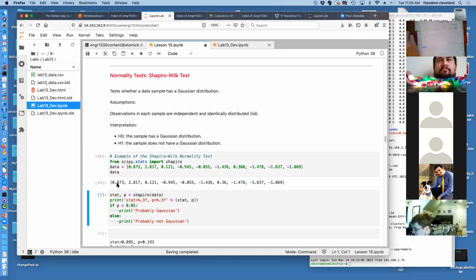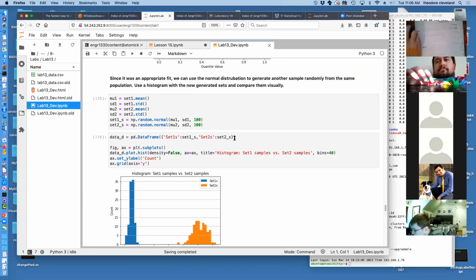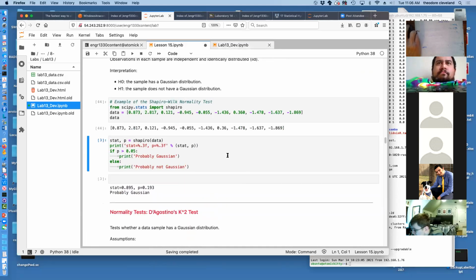There's our data: 0.8, 2.8, 0.12, -0.9, -0.05, -1.4, 0.36, -1.4, -1.6. So we've got a lot of negative numbers and some small positive numbers. And if I recall how to do a histogram, oh, I don't have that easy. I don't have this in a pandas data frame. I was going to try to draw a histogram of this.